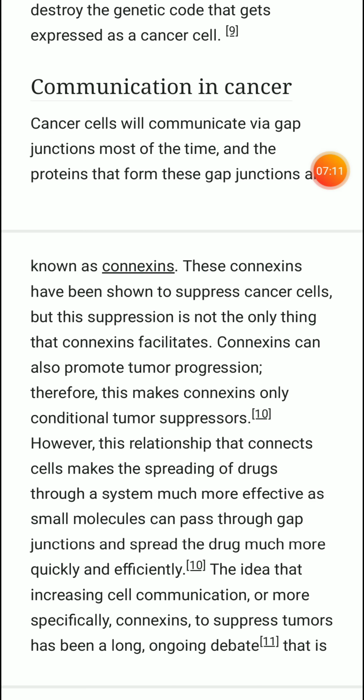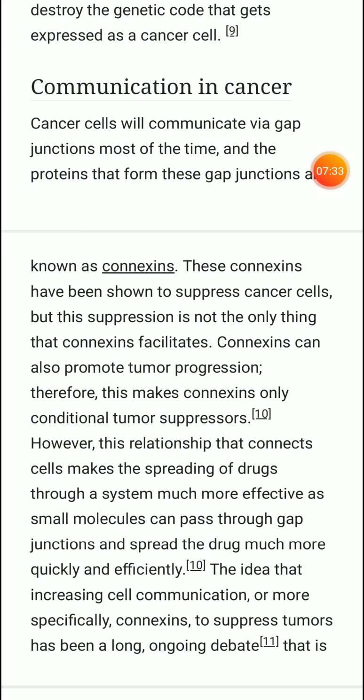This relationship that connects cells makes the spreading of drugs through a system much more effective, as small molecules can pass through gap junctions and spread the drug much more quickly and efficiently.